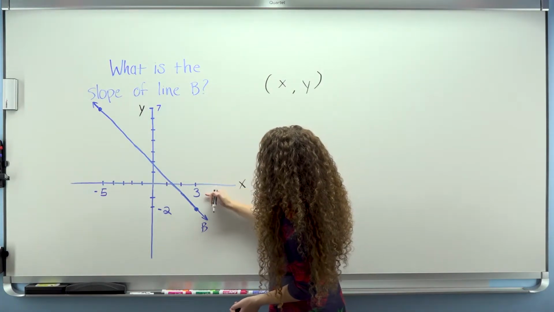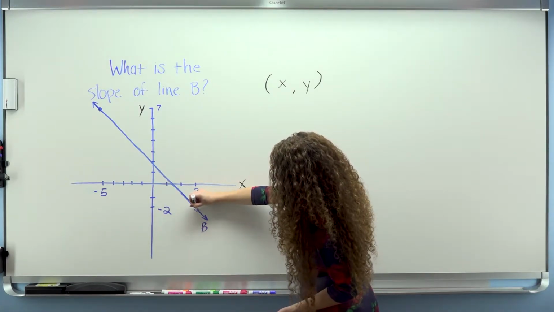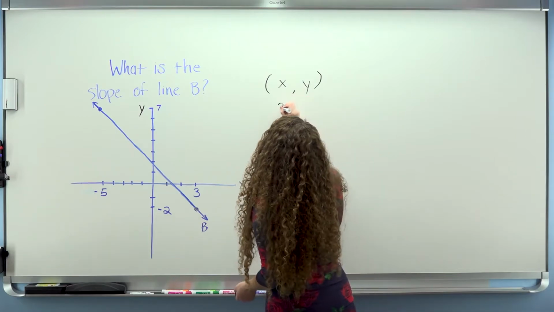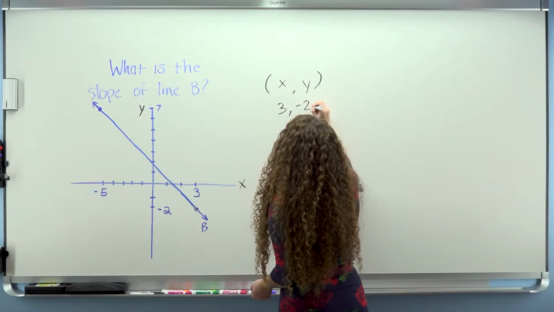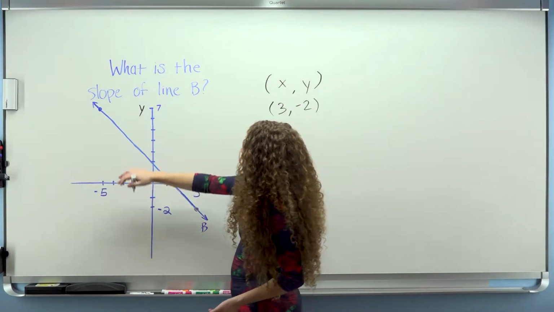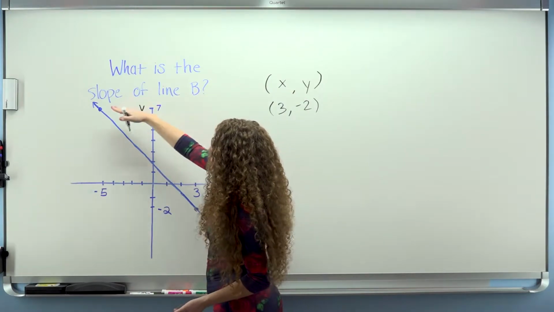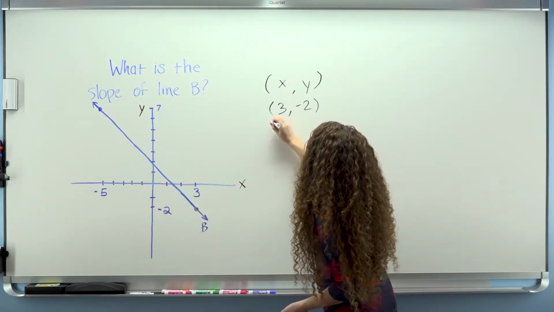We see we have a 3 on the x and a -2 on the y to get this point right here. Okay, so we have (3, -2). And then over here, we have -5 on the x and 7 on the y. So that would be another point.